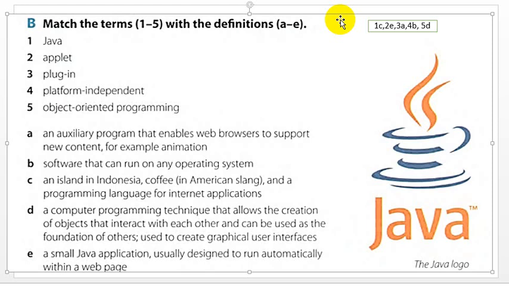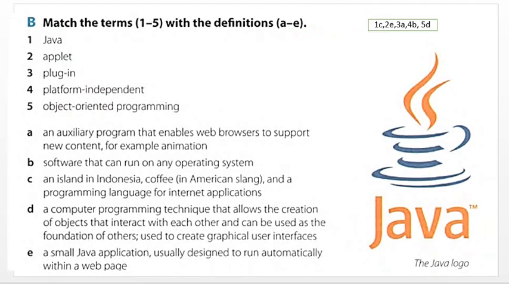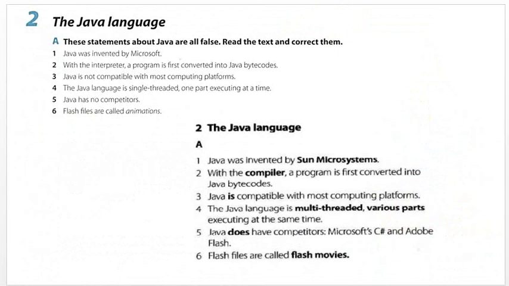D. A computer programming technique that allows the creation of objects that interact with each other and can be used as the foundation of others, used to create graphical user interfaces.